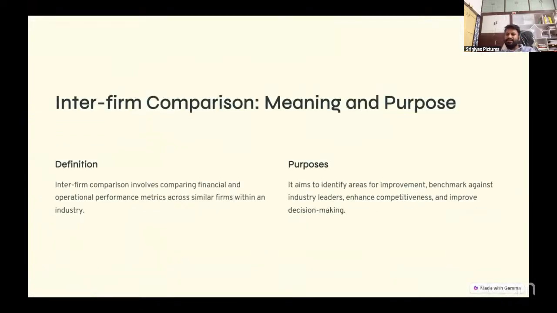Inter-firm comparison. What is the meaning of inter-firm comparison and for what purpose do we use it? Inter-firm comparison involves comparing the financial and operational performance metrics across similar firms within the industry.